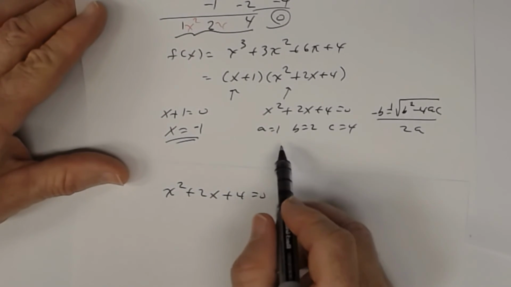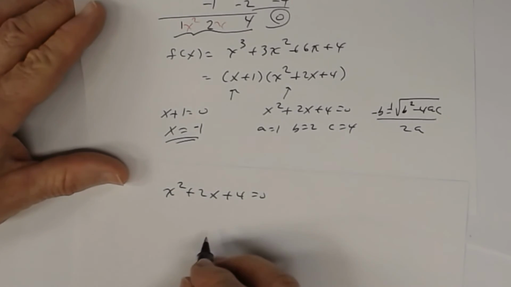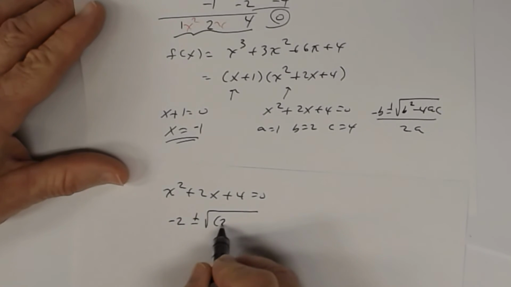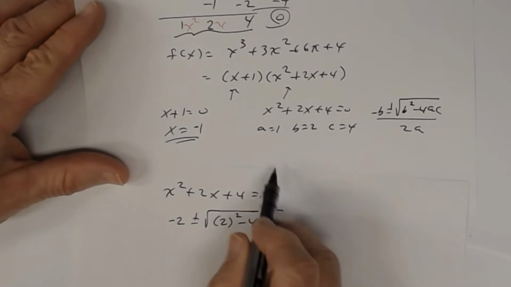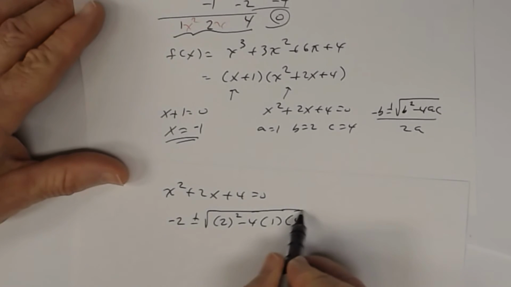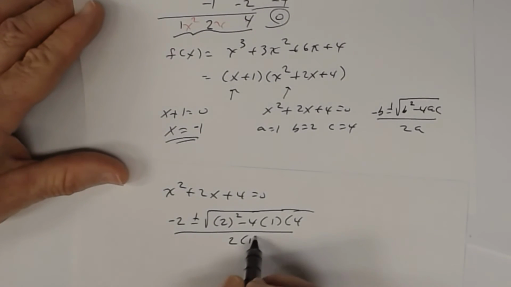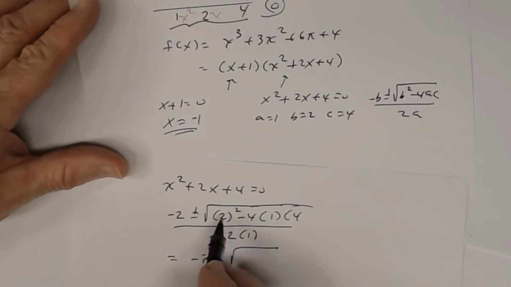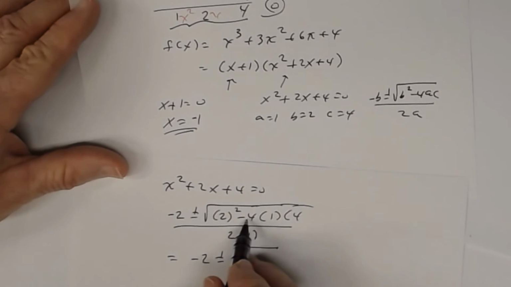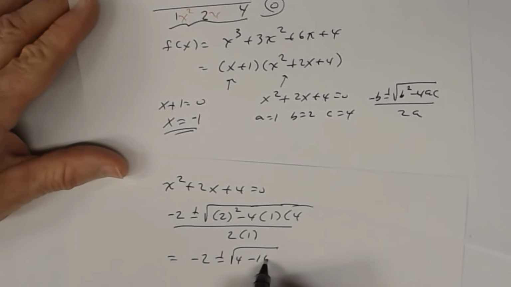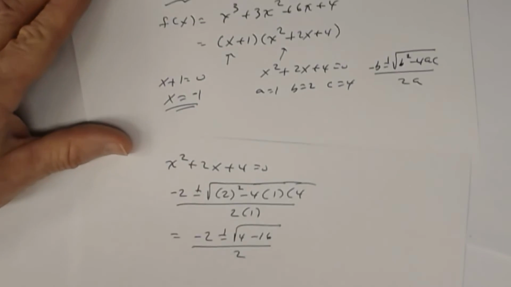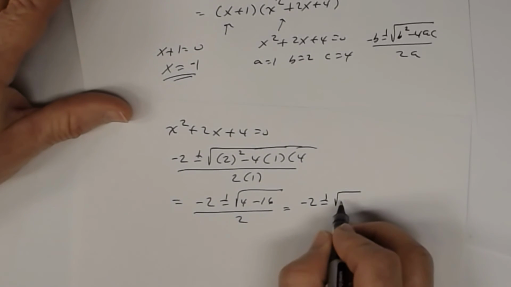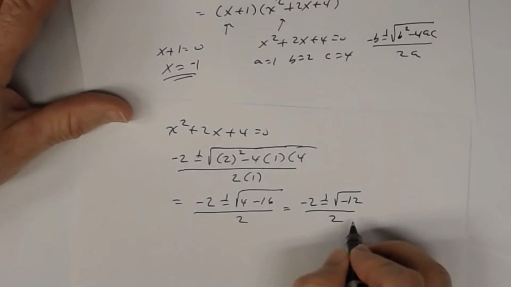So the opposite of b: b is 2, the opposite of 2 is negative 2, plus or minus the square root of 2 squared minus 4 times a times c, all divided by 2 times a. It becomes negative 2 plus or minus the square root of 4 minus 4 times 1 times 4, which is negative 16, all divided by 2. So this becomes negative 2 plus or minus the square root of negative 12, divided by 2.